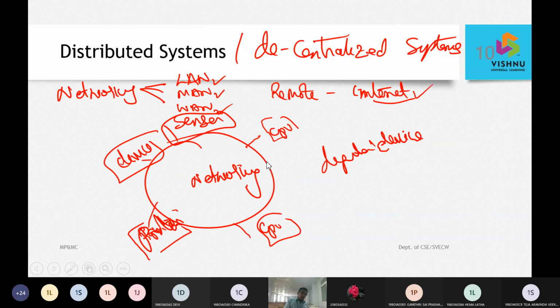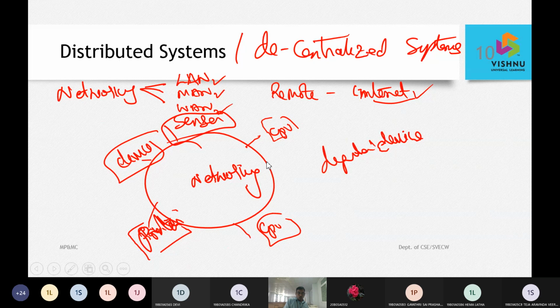Then what if I call it quad core? When I call it quad core, what we interpret is that there will be 4 microprocessors, 4 CPUs on a chip. That means I have a control unit and arithmetic logic unit, a control unit and arithmetic logic unit, a control unit and arithmetic logic unit, and a control unit and arithmetic logic unit.